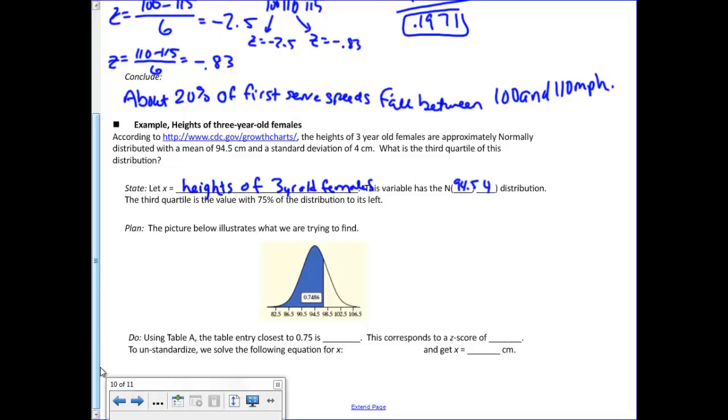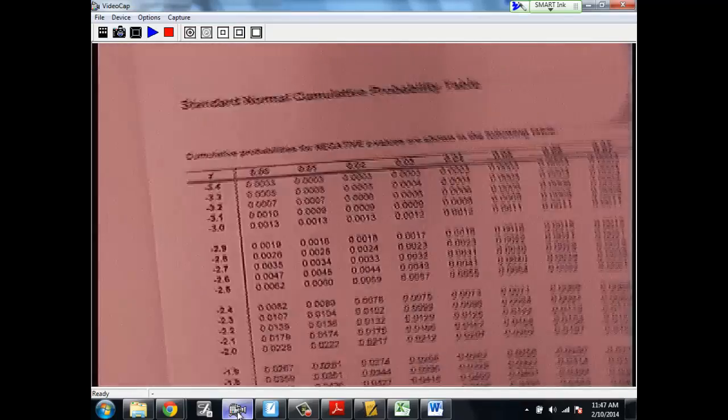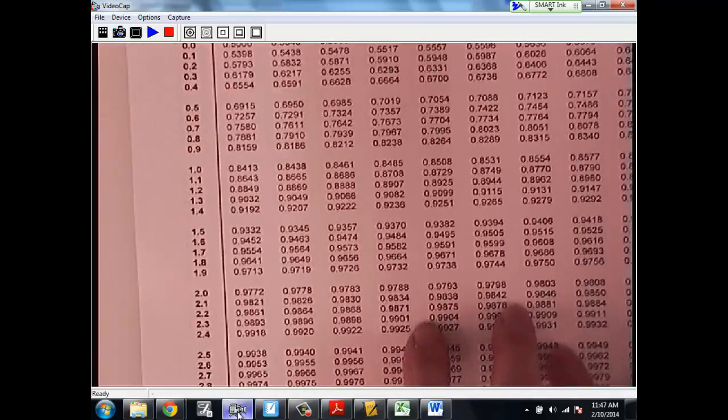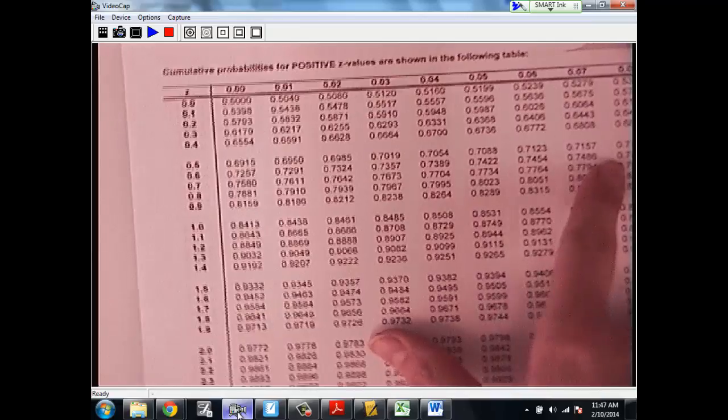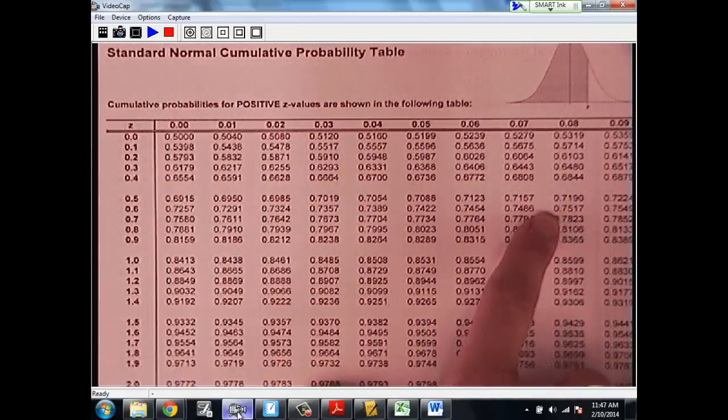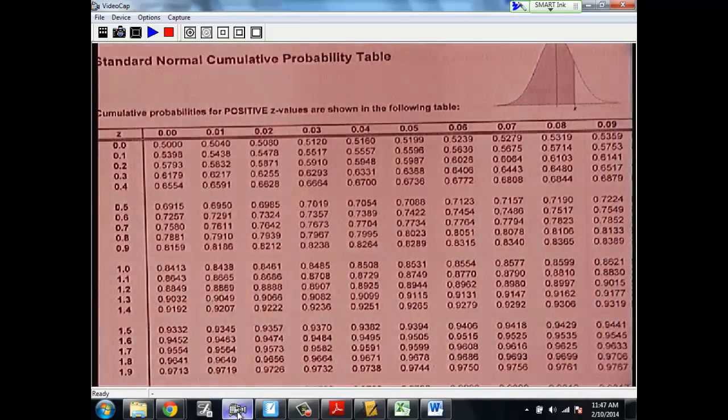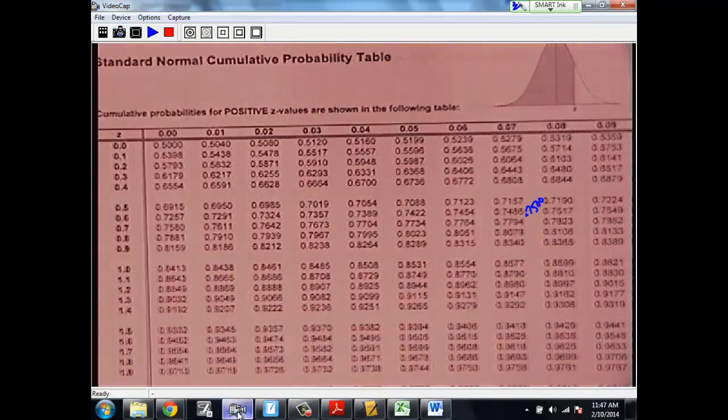And again, that's one of the numbers inside your table. Where do we find 75% at? 75% lies in here. That's as close as we can get. And it's actually closest to this one.